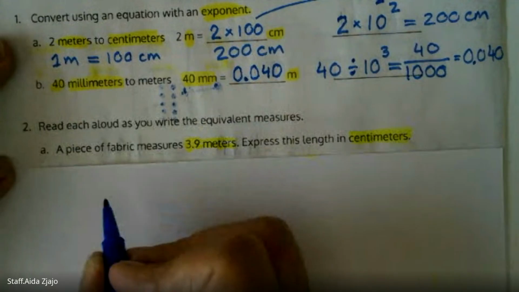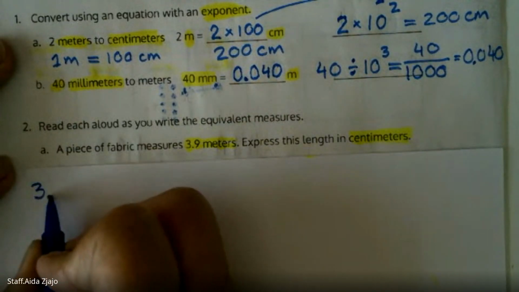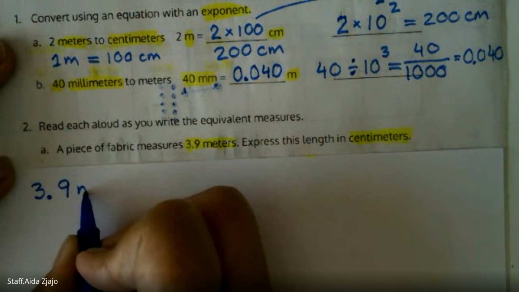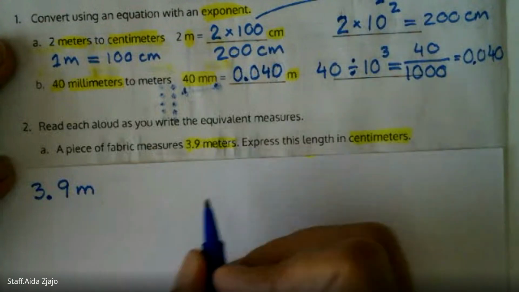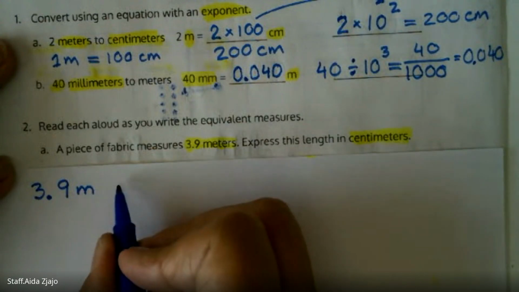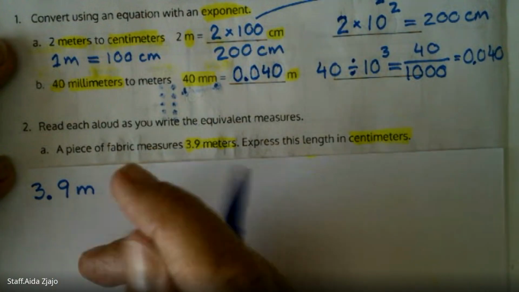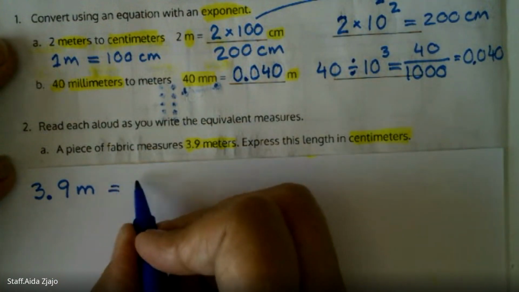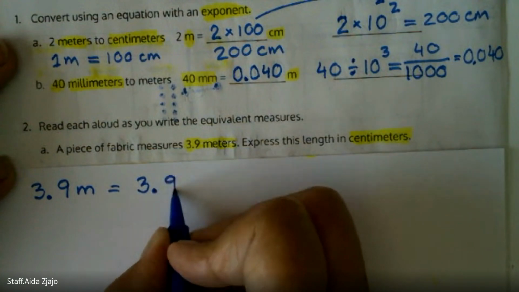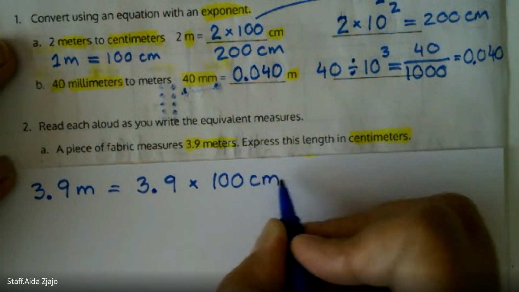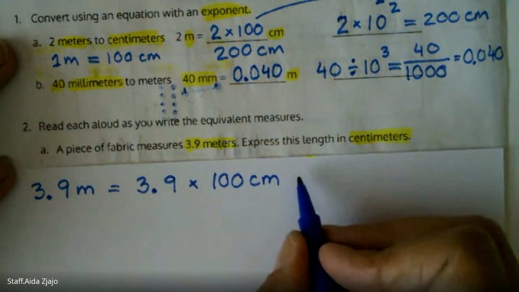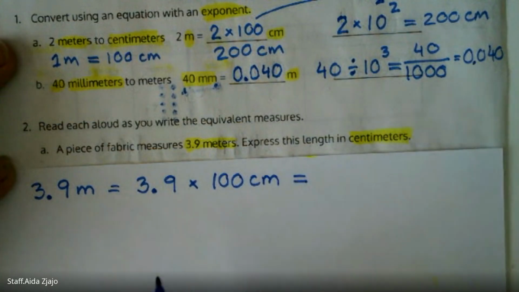So we have 3.9 meters. Each meter is 100 centimeters. So what I need to do is 3.9 times 100 centimeters.